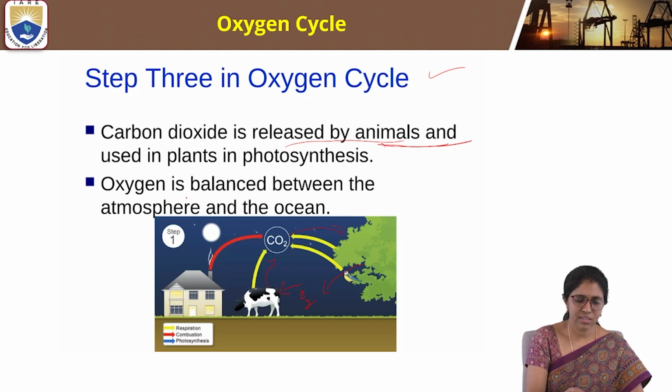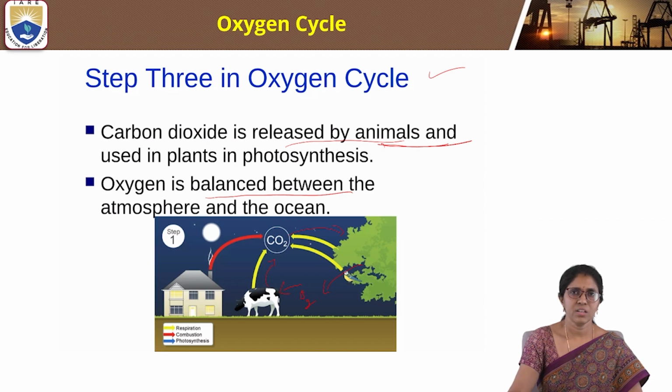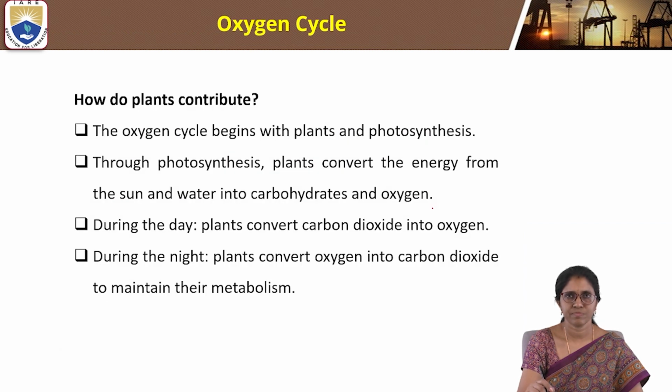Like this, oxygen is balanced between the atmosphere and the ocean. This is the third step of the oxygen cycle.